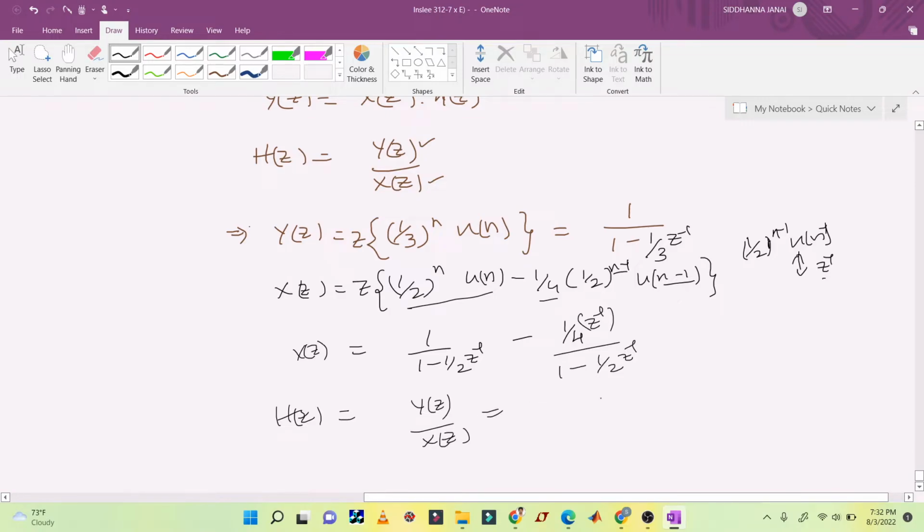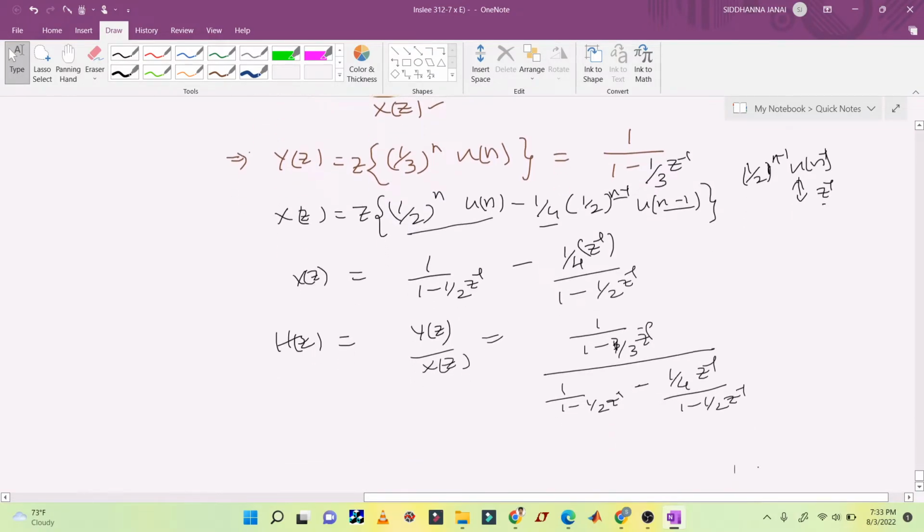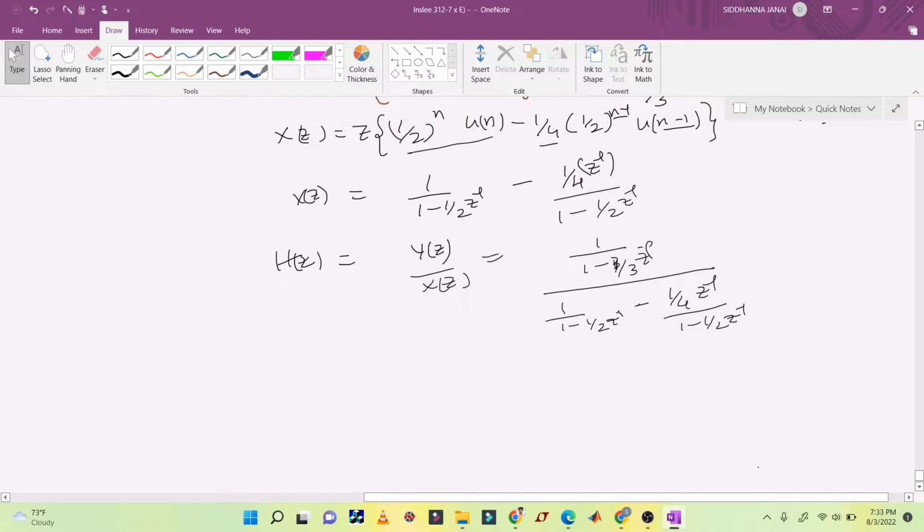So this is 1 divided by 1 minus 1 by 3 z inverse, divided by 1 divided by 1 minus 1 by 2 z inverse minus 1 by 4 z inverse divided by 1 minus 1 by 2 z inverse. Okay, this is our h of z.